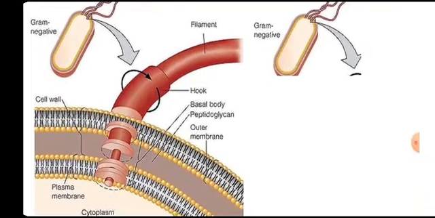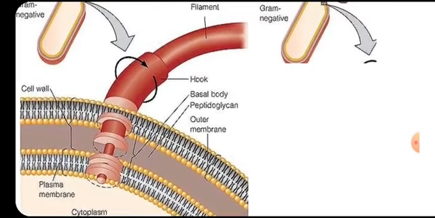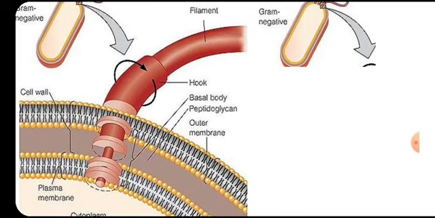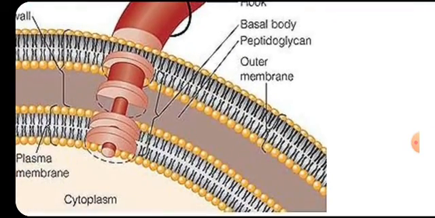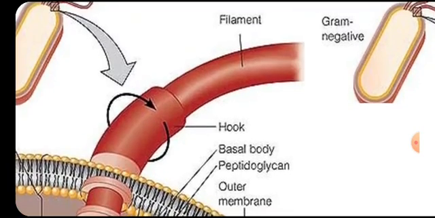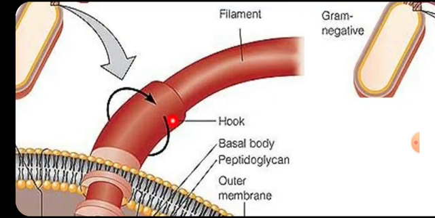We can further elaborate this. This is another beautiful diagram you can see here. This is the filament, this is the hook. You can see the movement of this hook is like this. So the filament is moving like this and not like this. Okay, so this is how it moves.